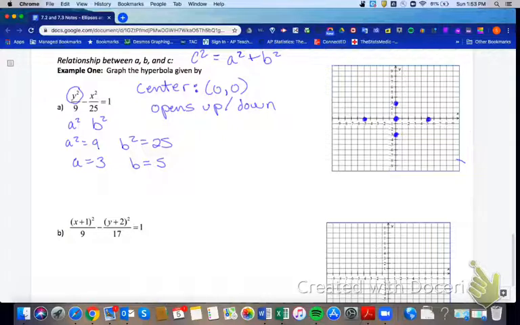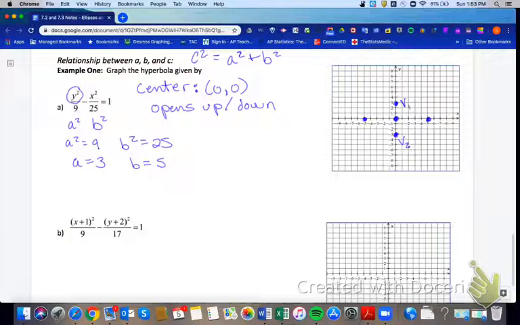Now here's where graphing a hyperbola is a little bit different. What we need to do now is draw a box, a rectangle that connects all 4 of those points for the vertices, and I'm going to label the vertices V1 and V2, and the points on the conjugate axis.